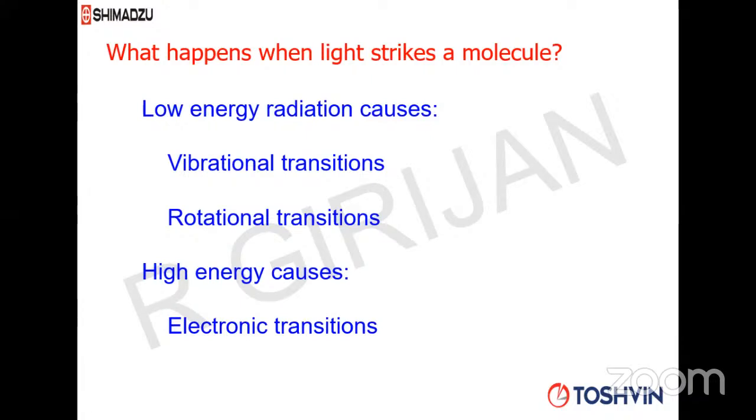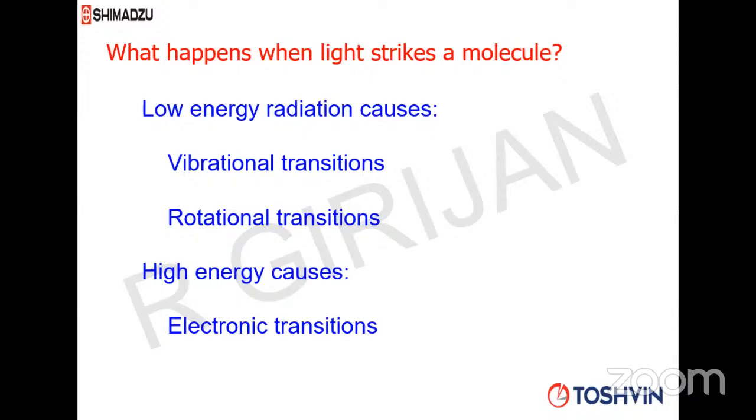There is one more possibility when a low energy radiation falls on the molecule: rotational, where the molecule can rotate about its axis, normally studied by microwave spectroscopy, or it can also be studied by Raman. So vibrational or rotational transitions are caused by low energy radiation, whereas electronic transition is caused by a high energy radiation.